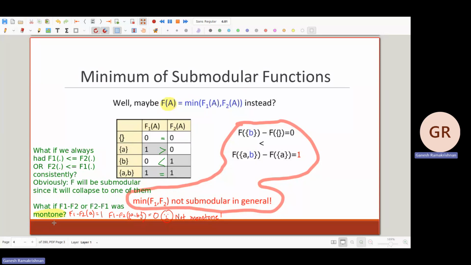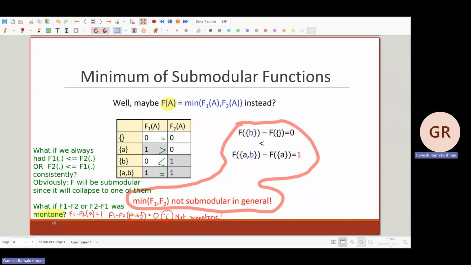This is 0, 1, minus 1. This minus 1 means that it is not monotone. From 0, you go to 1 and then to minus 1. F1 minus F2 is not monotone. Similarly, F2 minus F1 is also not monotone. If I put a condition that both F1 minus F2 and F2 minus F1 should be monotone, can the min become monotone? You understand this?